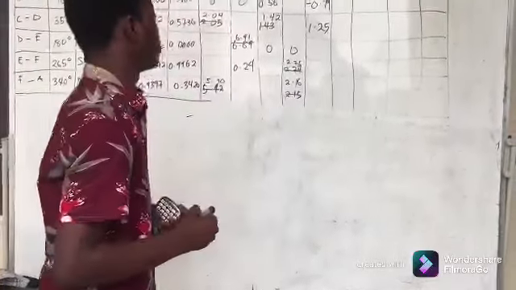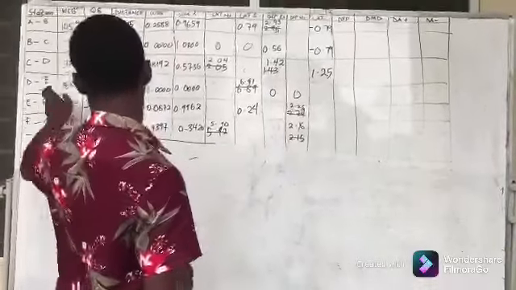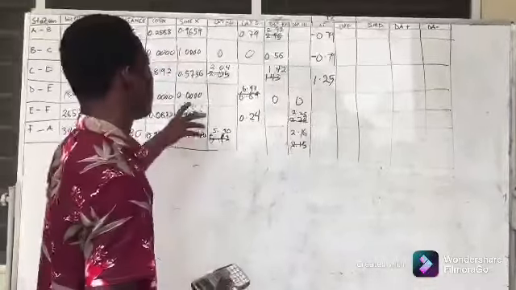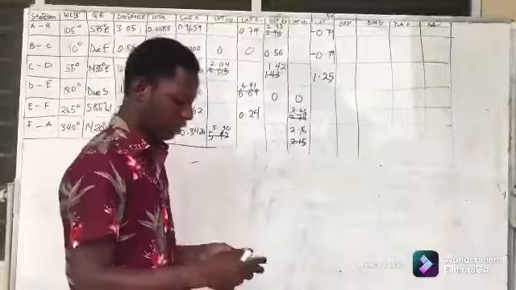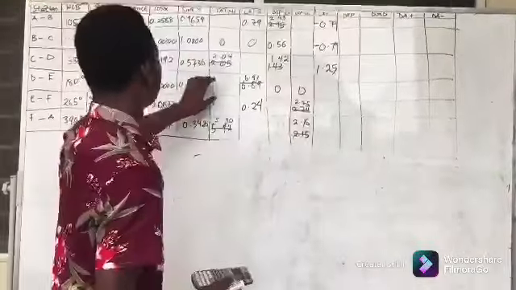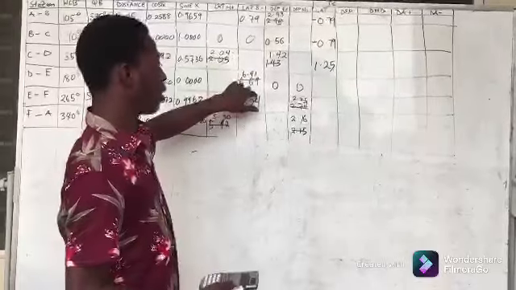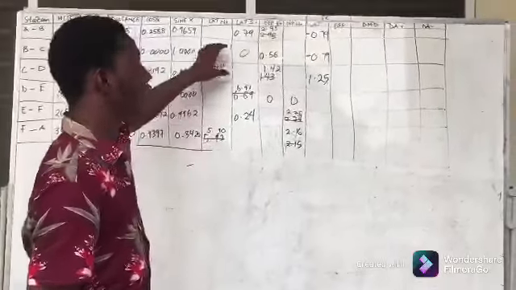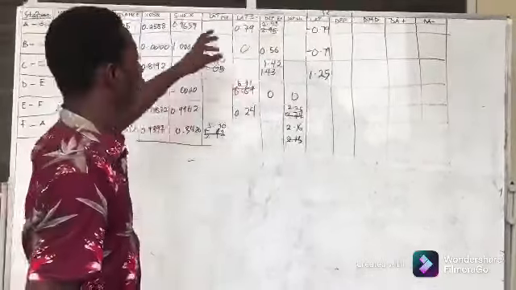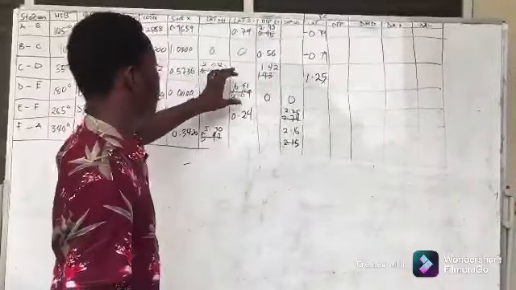You get it? So right now I'm coming to station DE. What's the latitude value for station DE? It's 6.91. Mind you, here we are using the corrected values, not the ones we didn't correct.